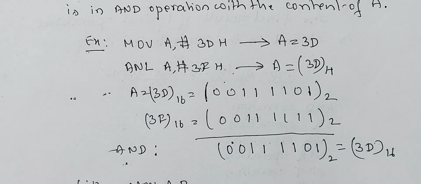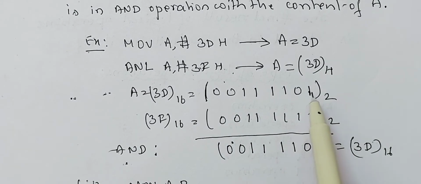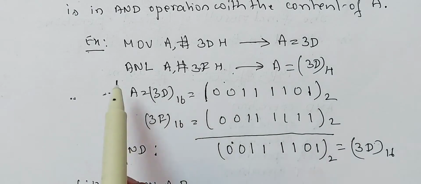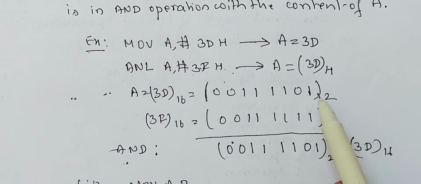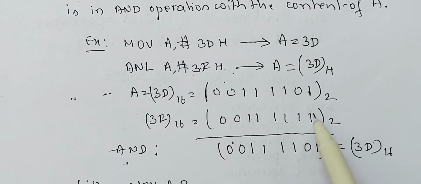Now perform bitwise operation. The first bit is operated with the first bit only. The operation is AND. Therefore, 1 into 1 is 1. 1 into 1, 1. 0 into 1, 0. 1 into 1, 1. 1 into 1, 1. 1 into 1, 1. 1 into 1, 1. 0 into 0, 0. 0 into 0, 0.